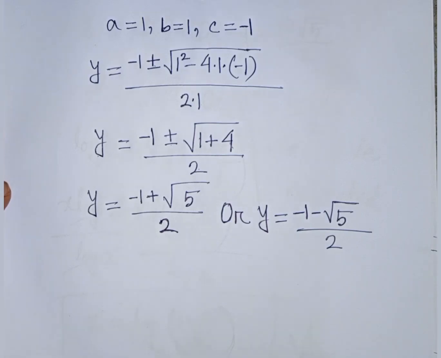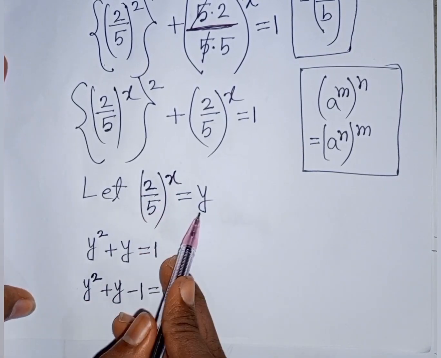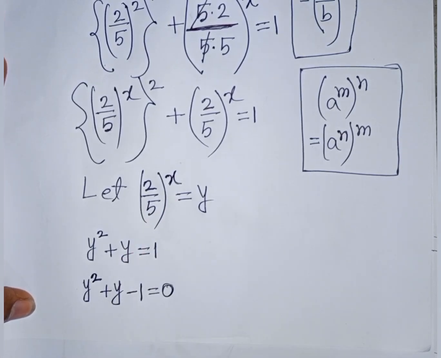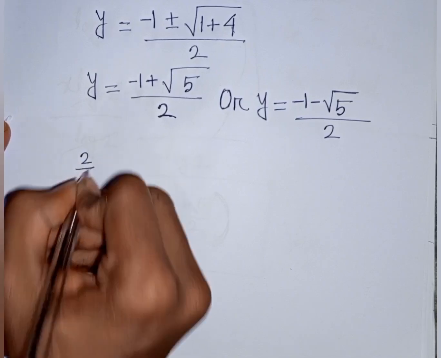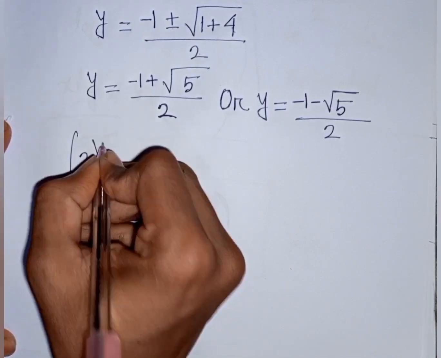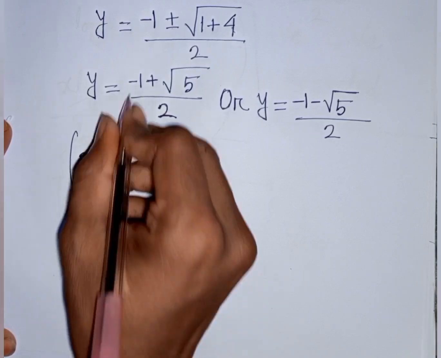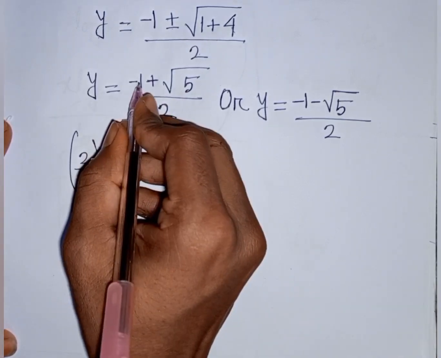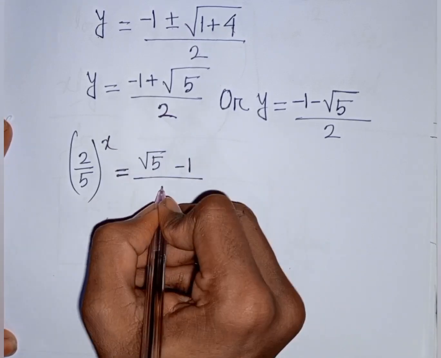But remember that we let 2 by 5 bracket power x be substituted by y. So y, that means 2 by 5 bracket power x, is equal to plus a square root of 5, then minus 1, divided by 2.